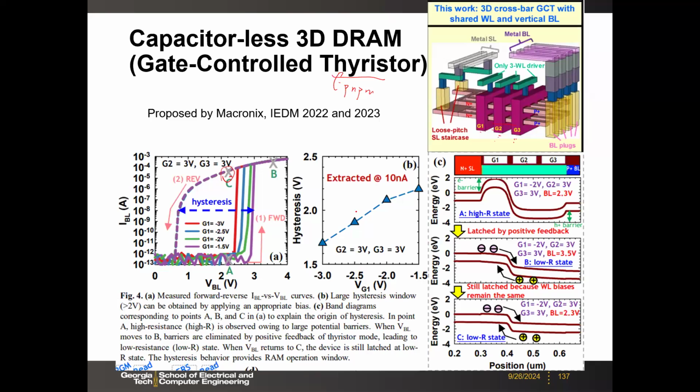So there are many proposals. I just want to say that in the community, people are innovative to design the future generations of the DRAM for both embedded and also the standalone 3D stackable architecture. So this is a golden era for the DRAM research, okay?